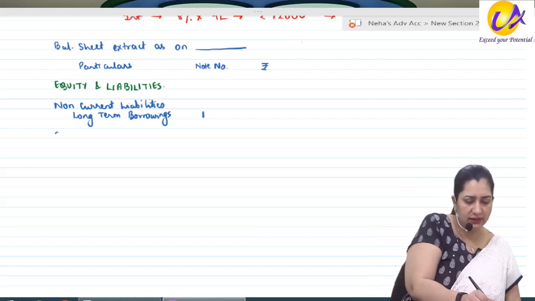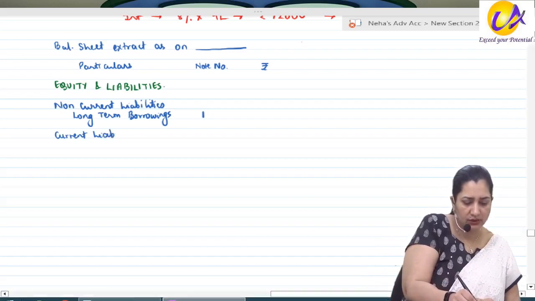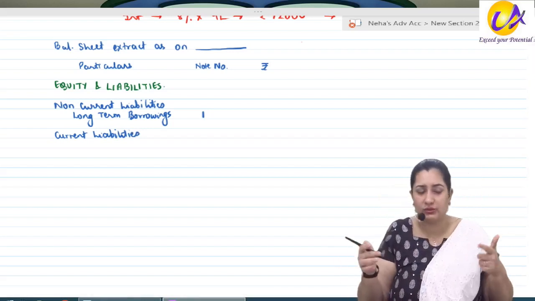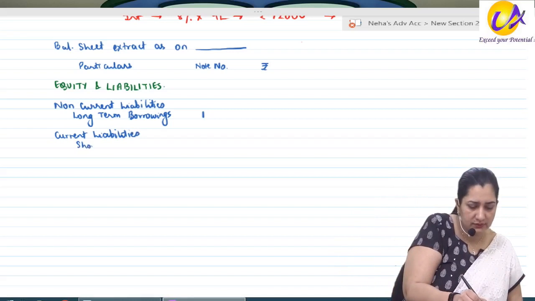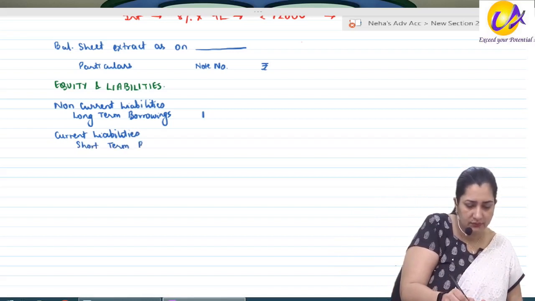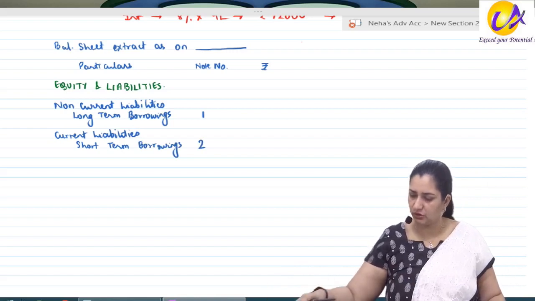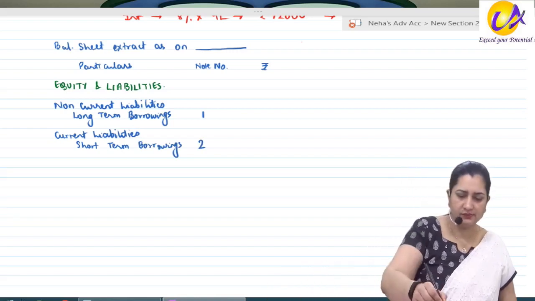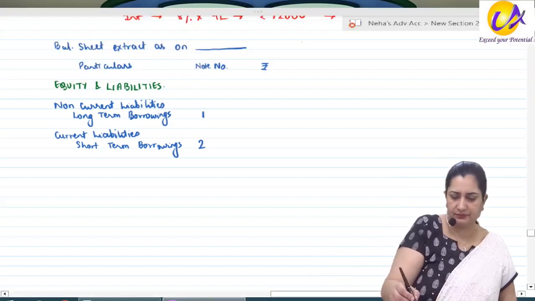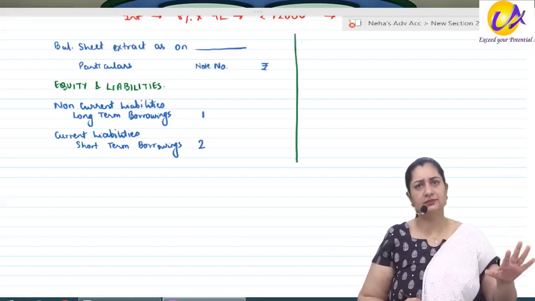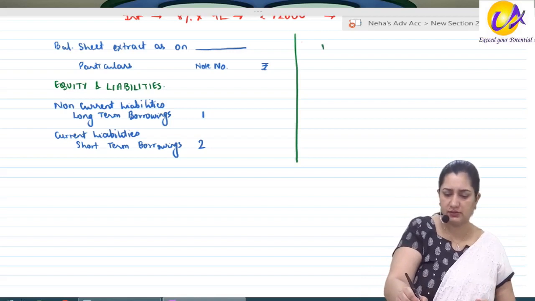Leave a line, write down then current liabilities. In current liabilities I have some short-term borrowings. Though what you have, that current maturity is shown there only now. Short-term borrowings, note number 2. This is what we have to show. Okay, so let's see our notes to accounts. Now you can write down notes to accounts.